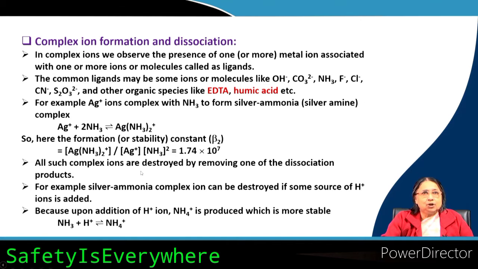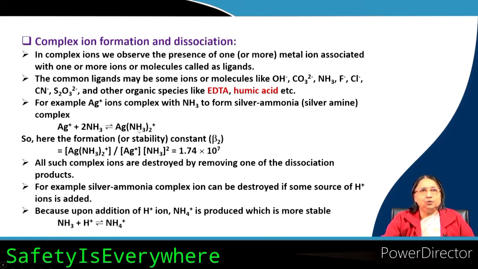Here, all such complex ions are destroyed by removing one of the dissociation products. Taking this example, the silver ammine complex is produced from silver ion and ammonia. Then this complex may be broken down. You have some idea about shifting the equilibrium, right. Silver plus and ammonia form the complex in a dissolved state.